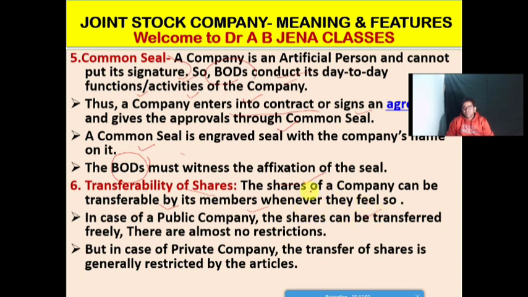I mean the shareholders or members of the company can sell the shares on the stock exchange, or if the shareholders or members have financial requirements, in this situation they can sell them. But there are two conditions, one for a public company and another for a private company. In the case of a public company, the shares can be transferred freely, I mean the shareholders can transfer the shares whenever they feel so. There are almost no restrictions.